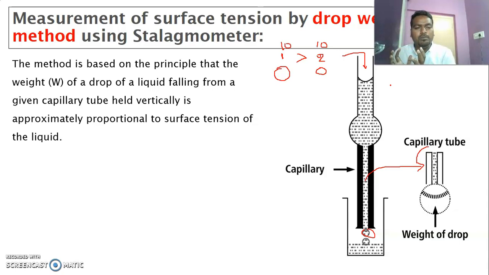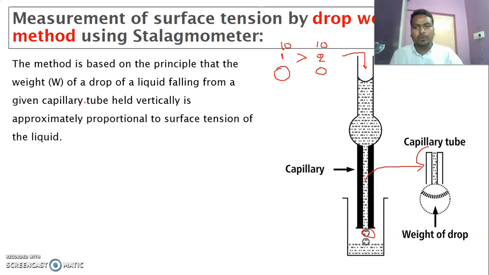So we can conclude that among two liquids, the one having high surface tension has a drop of greater mass compared to the other liquid drop, which has less surface tension. That is the main basic principle of this experiment.